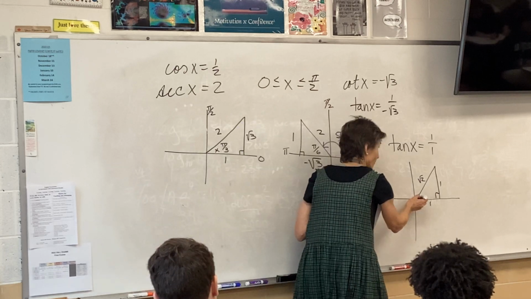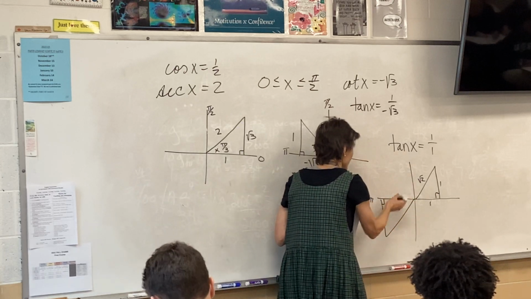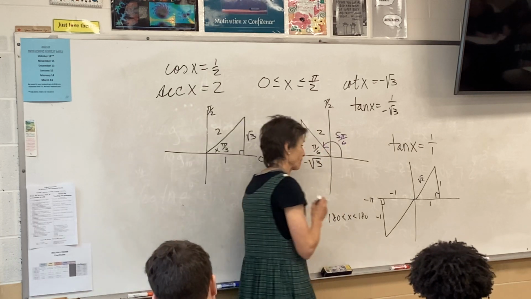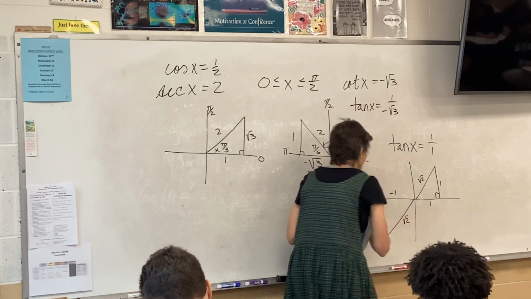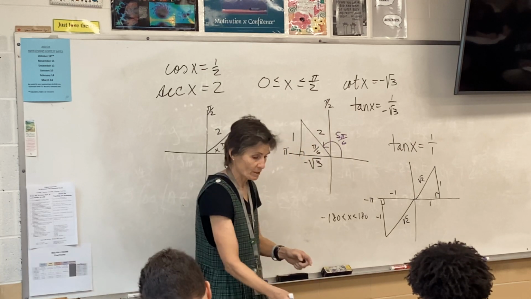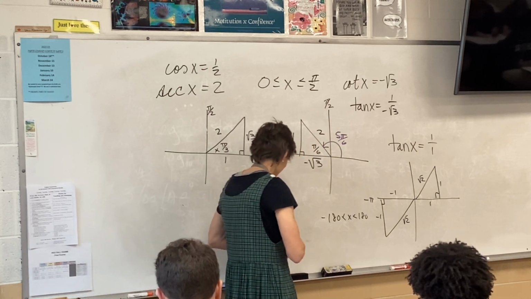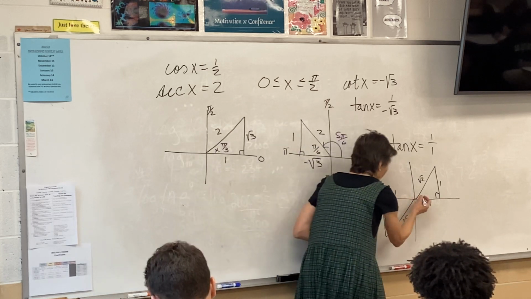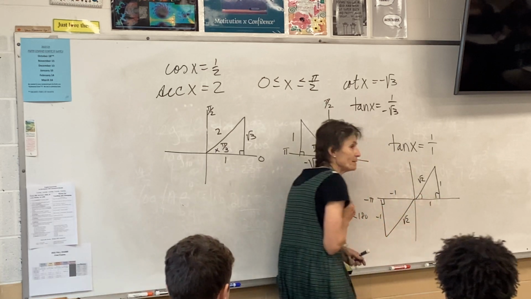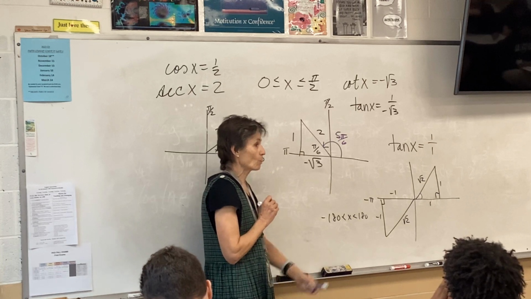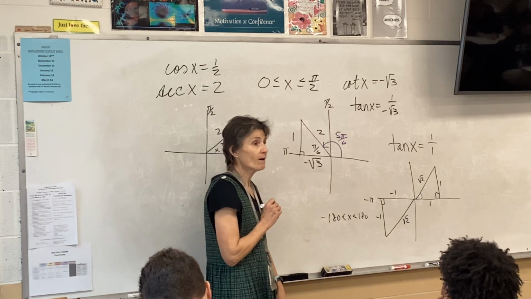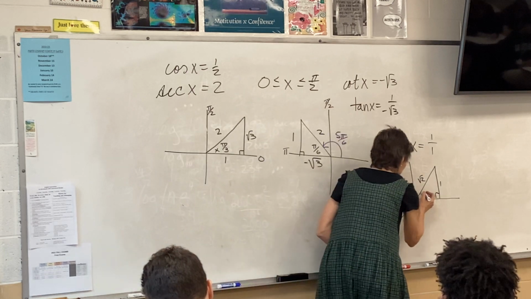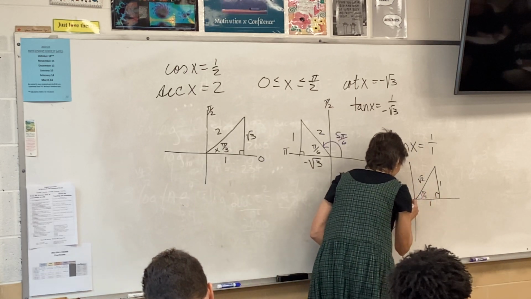Quadrant 3, because here, tangent is also positive. All right, so now I need my reference angle. Okay, so what's my reference angle? Well, what would it be right here? What would it be in degrees? 45. And 45 is pi over 4. So my reference angle is pi over 4.